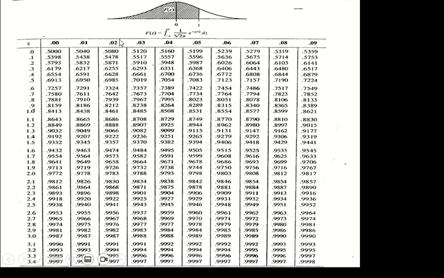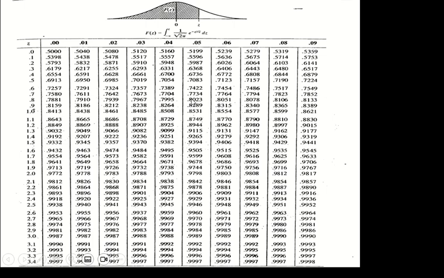So I go 1.2 from here, 0.01 from here, and I get a cumulative probability of 0.8869.